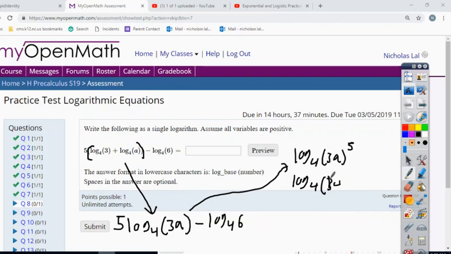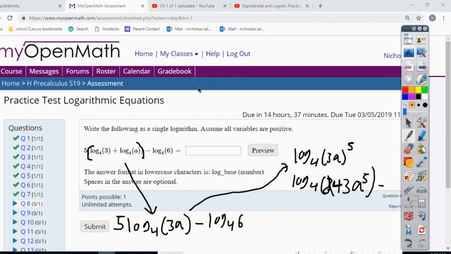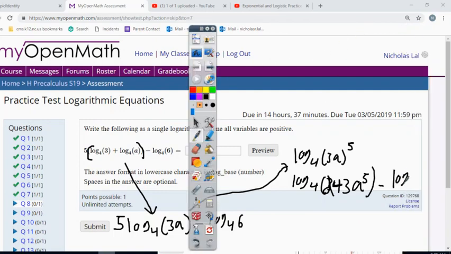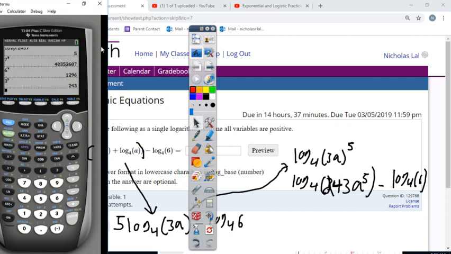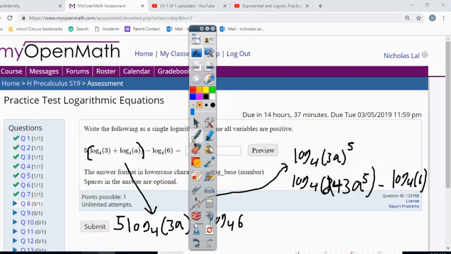All right, sorry. 243 times a to the 5th minus the log base 4 of 6. So that's the log base 4 of 243a to the 5th minus the log base 4 of 6. Now, using the quotient rule, I can write the log base 4 of 243a to the 5th over 6.